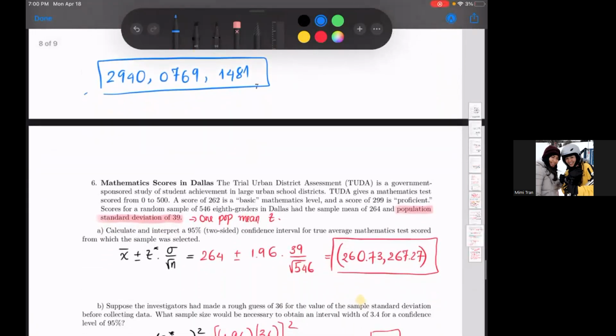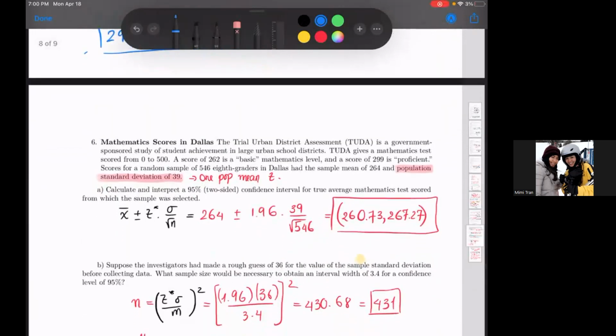Anything else? Let me ask you a question. How do I know what formula to use for this one? What gives it away? How can you tell which formula to use?